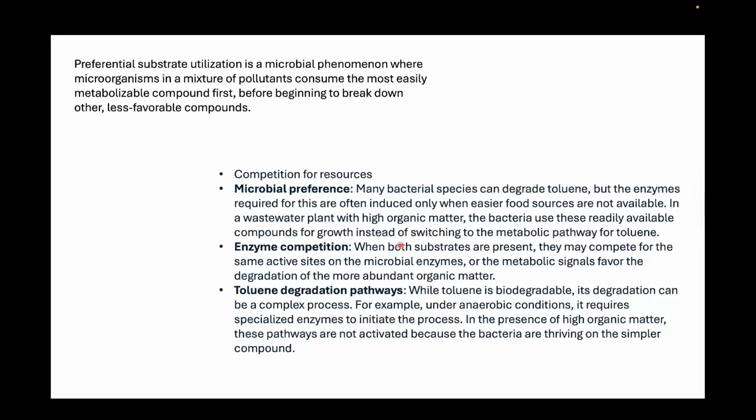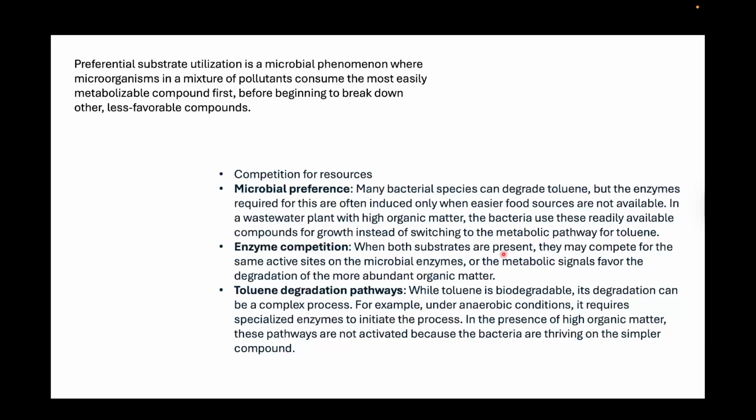And there is also enzymatic competition. When both substrates are present, they may compete for the same active sites on the microbial enzymes. This is what we also saw in the previous one. If the substrate doesn't fit the enzyme properly, then it will not likely be degraded or acted upon. The metabolic signals favor the degradation of more abundant organic matter. And regarding toluene degradation pathways, while toluene is biodegradable, its degradation can be a complex process.